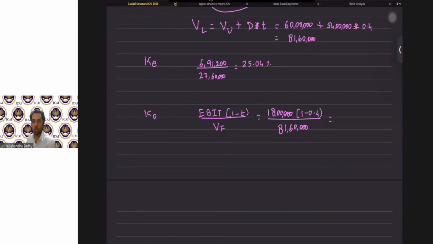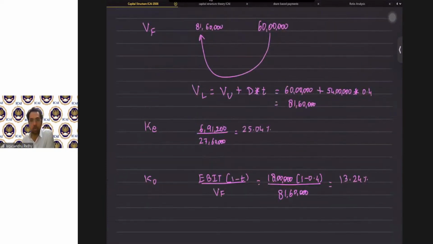So the overall cost of capital should come out to be 13.24%, right? So that's how this clearly bifurcates the with tax and without tax scenario.